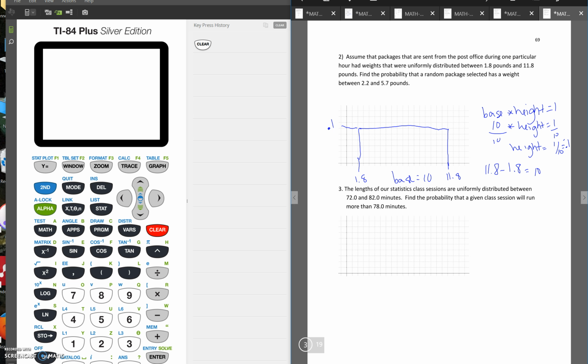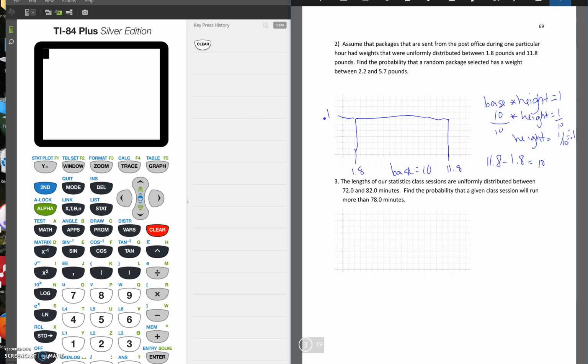Now that we've set up our probability distribution, we can actually solve what it's asking. It says find the probability that a random package has a weight between 2.2 and 5.7 pounds. I'm going to draw this in another color, and I'm not being super accurate with where I put these. If we want to be between 2.2 and 5.7, we want the area of that rectangle.